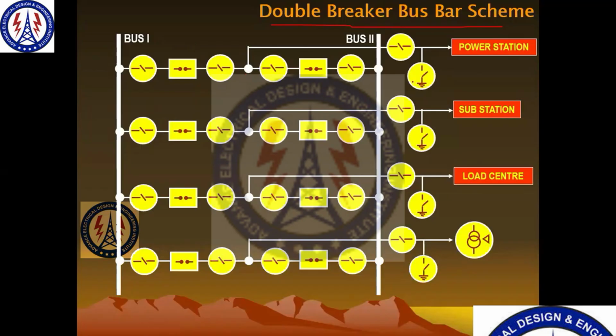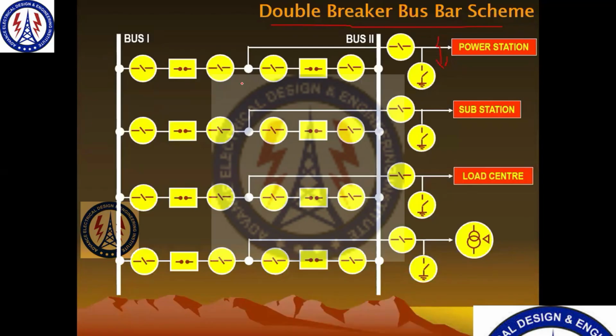If you interrupt the power of any feeder, then the cost will be higher than what you pay if you take the double breaker in the substation. Like mega generation, you have like 2000 MVA, 1000 MVA, just like this power you are producing and transferring. So in that case, we have the double breaker bus bar scheme.